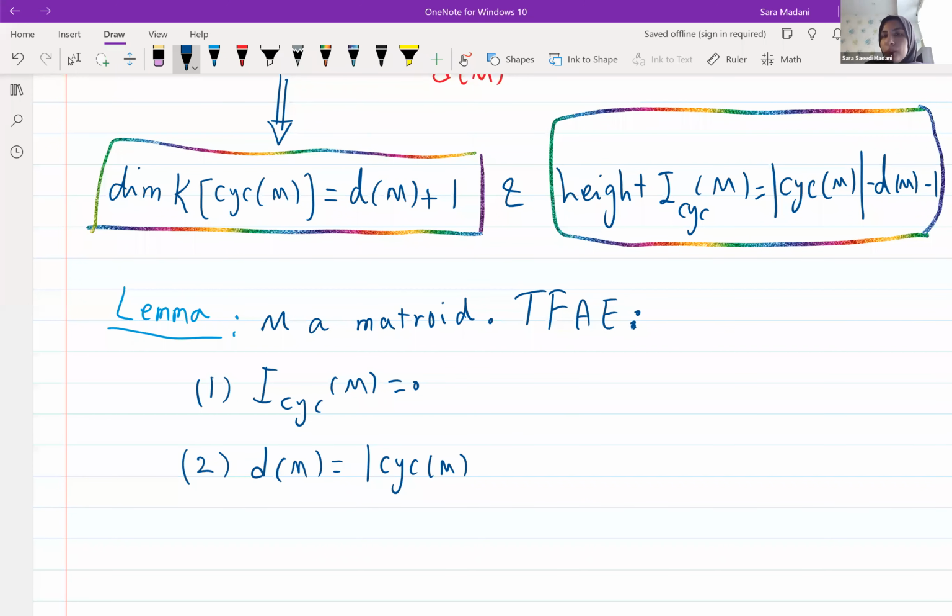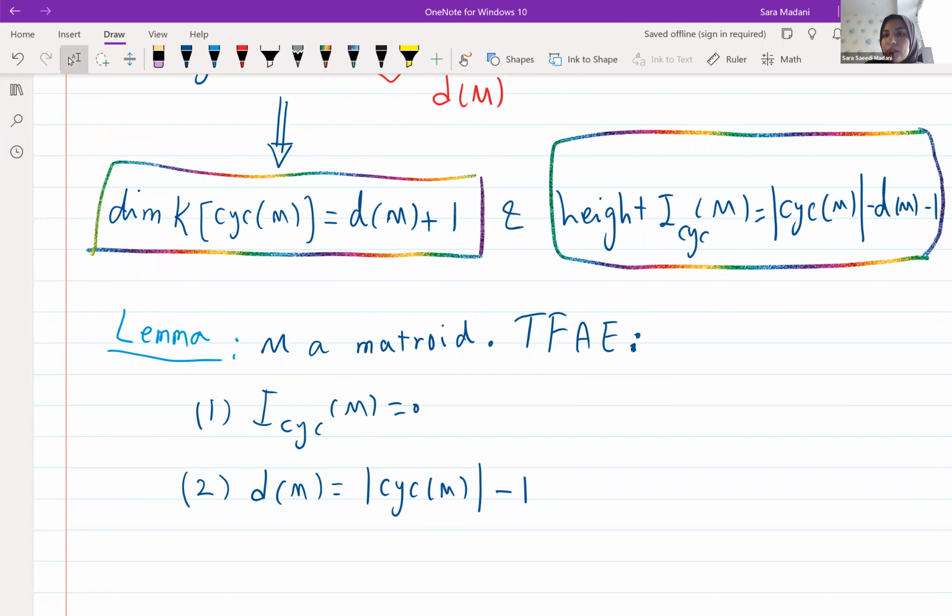For this purpose, we only need to look at this height formula, because my cycle ideal, as I mentioned before, is a prime ideal. Since this is a prime ideal, it is 0 if and only if its height is 0.